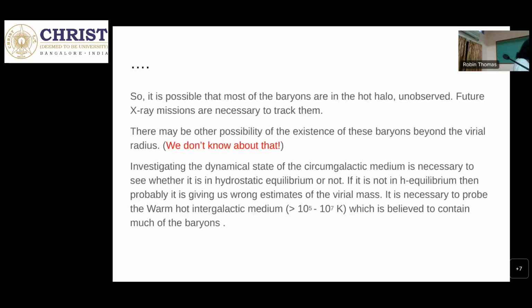Then we cannot simply apply the hydrostatic, Newtonian equations, and that may give us a wrong estimate of the virial mass. So there is a problem, and we need to estimate that further. I don't know how to estimate that, probably X-ray or ultraviolet. Yes, ultraviolet can, I think, trace that.